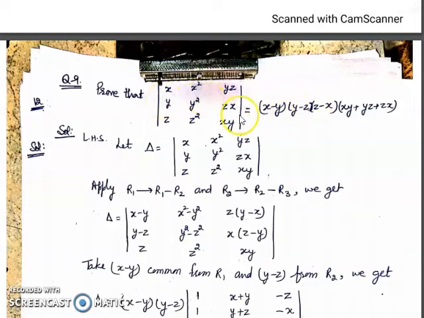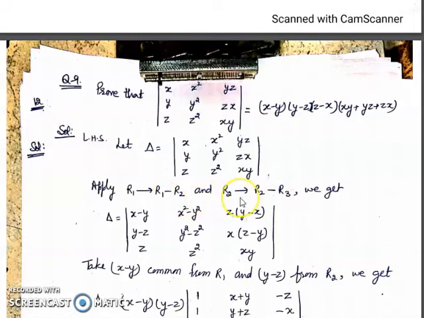Y minus z means in row 2 we apply R2 minus R3. So we get y minus z. So apply these two. Remember, we only apply 2, not the third one. Always remember this.